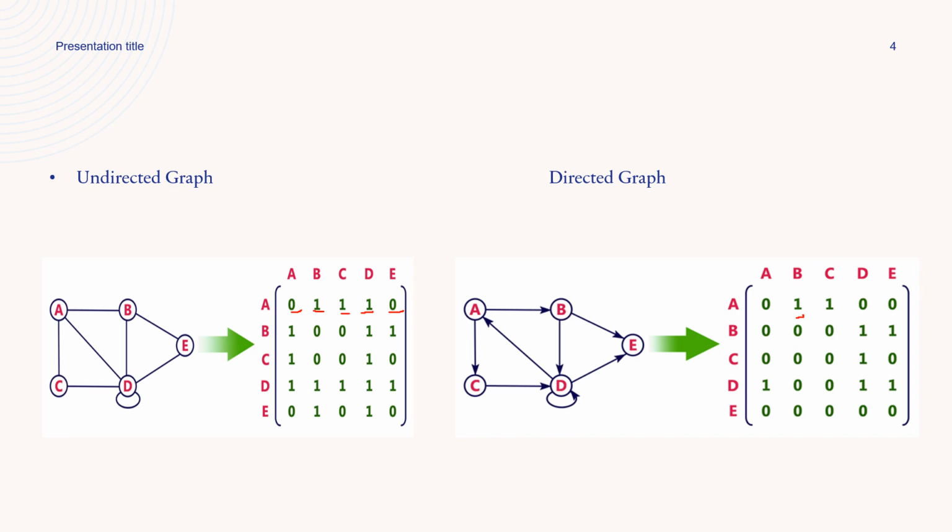Then A to C has one more edge, so we mention 1 here. But you can see here D and A have an edge in between, but look at the direction: the direction of the edge is toward A, not to D. So we mention 0 over here. This is the difference between undirected and directed graph.